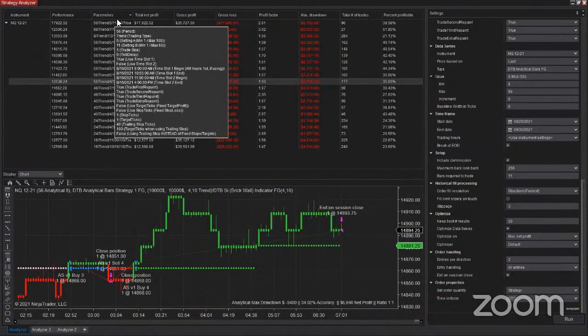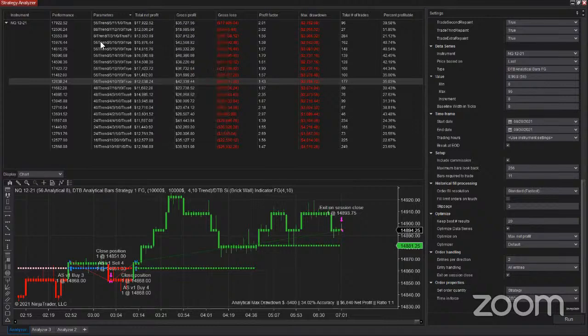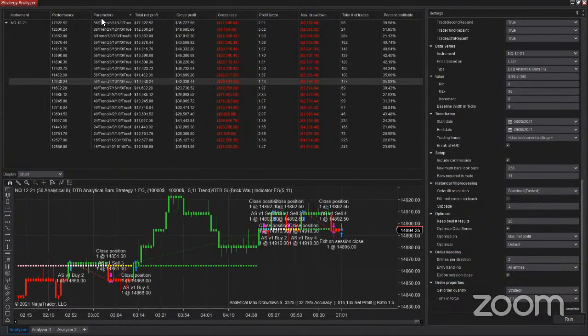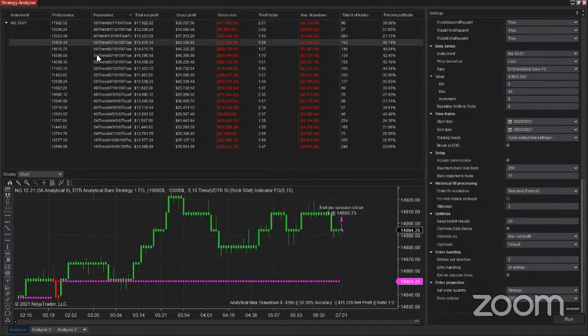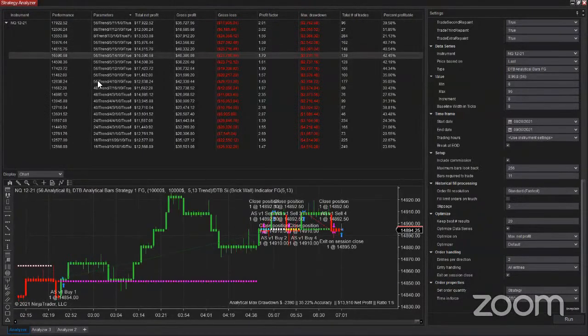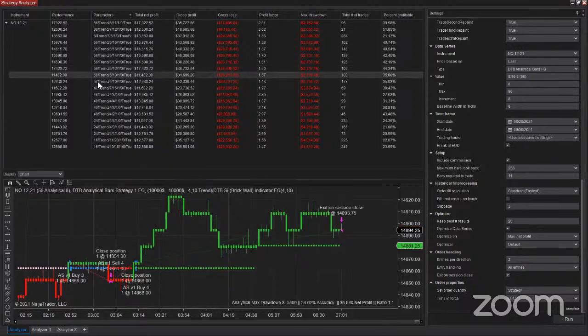So looking at this, we've got 56. 56 came up 1, 2, 3, 4, 5, 6, 7, 8. 56 came out 8 out of 20. So I know that this bar size over this entire period is showing the best value, or the most profitable value, 56.